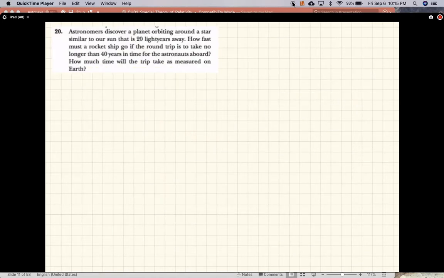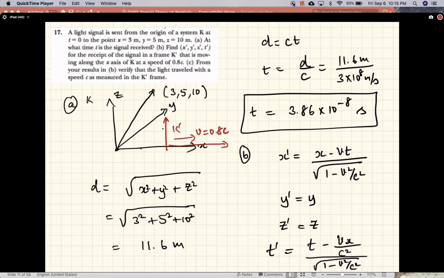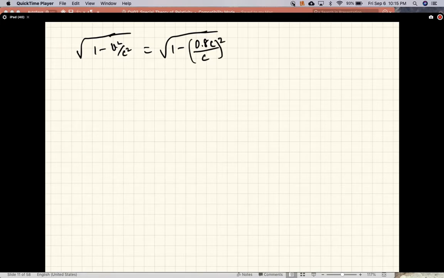All right, so let's calculate these guys. Okay, first let's calculate this factor. 1 minus v squared by c squared, where v is 0.8 c, divided by c squared.